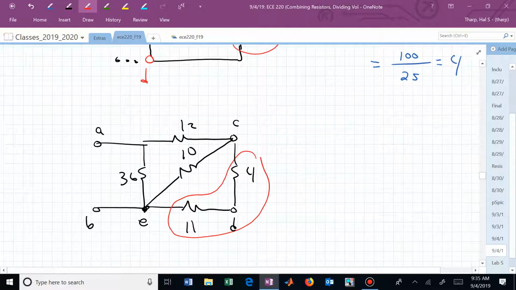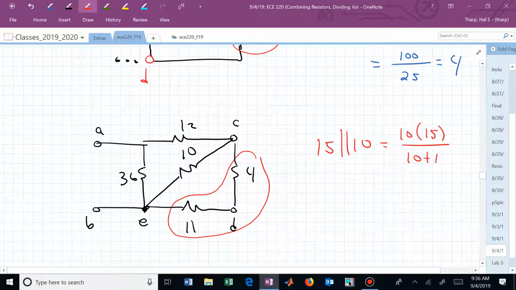I think you know the drill. We now have 15 in parallel with 10. And that's going to be 10 times 15 all over their sum, or 25. Now we have 6, quarters in $1.50.